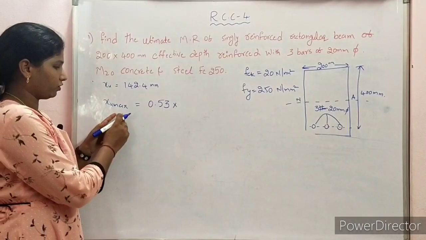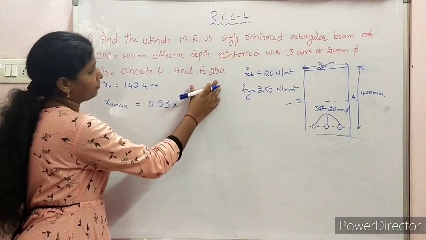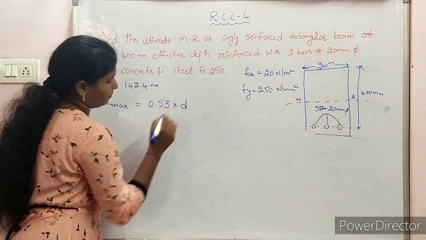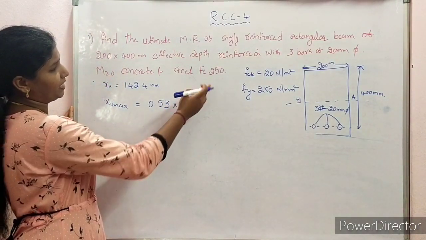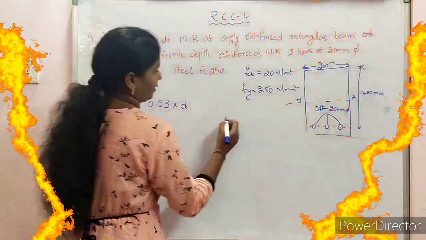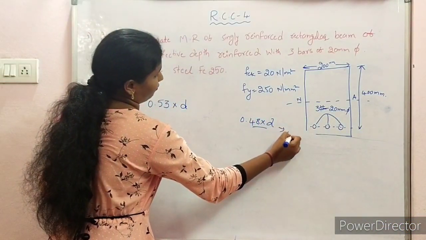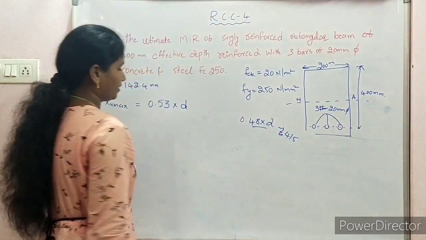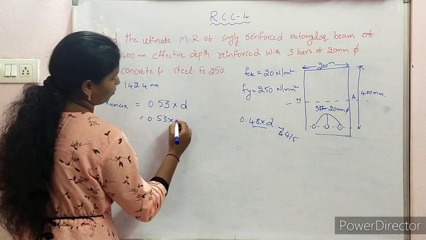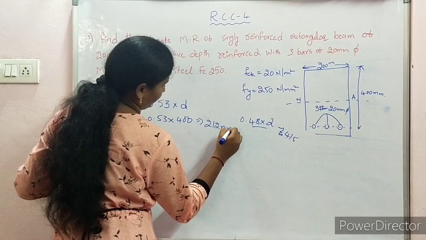Now we have to find out XU max. XU max is the limiting depth of neutral axis. For Fe 250 steel, XU max is equal to 0.53 into d. In place of Fe 250, if Fe 415 steel is given, XU max is 0.48 d. So 0.53 into d, where d is 400, we get 212 mm.